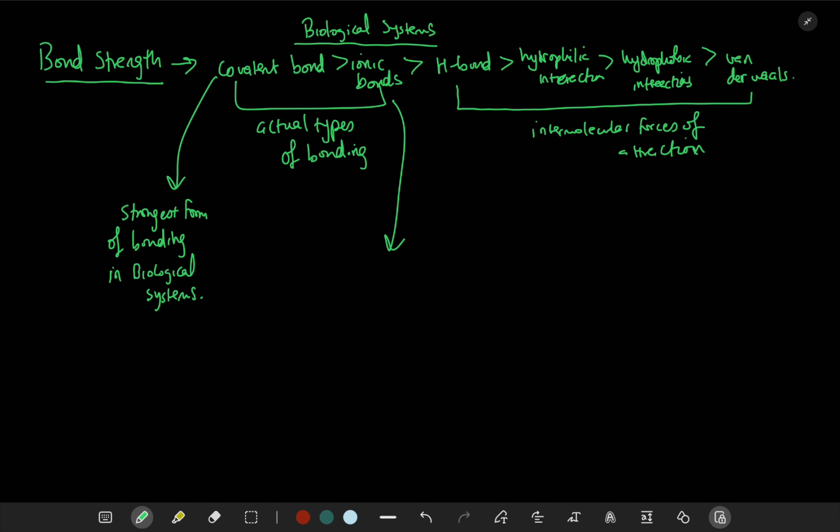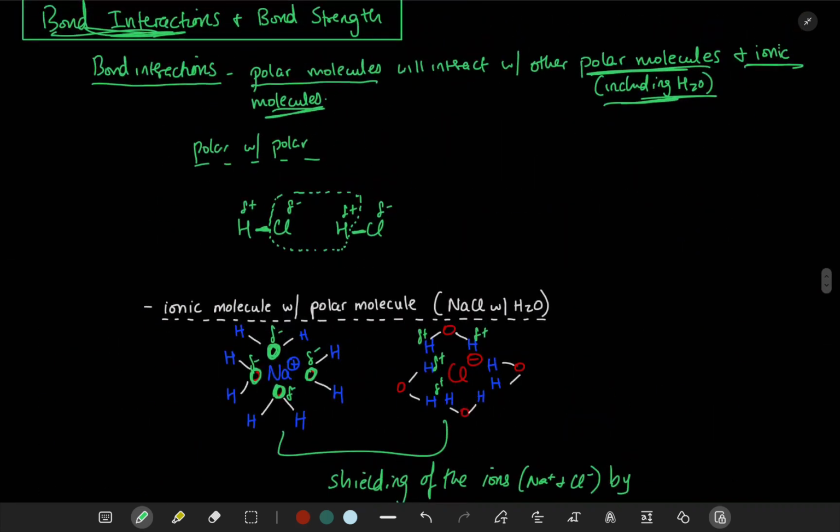bonds in biological systems, is because biological systems are water-based, right? 70% of the human body is water, so the majority of biological systems is water-based, and what that means is that most ionic compounds in biological systems will be dissolved and not in their solid state, like we talked about with sodium chloride, right?